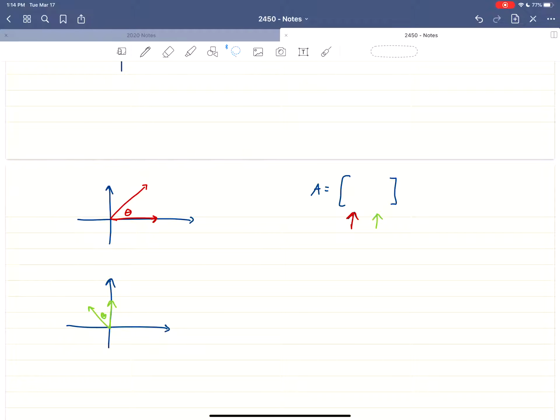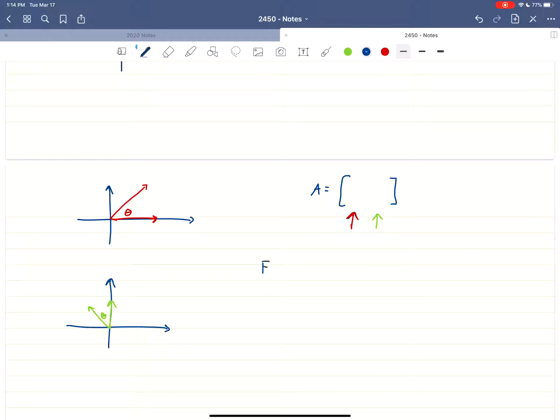But once we know that, I'm going to get rid of the circle because that kind of clouds the picture here. What I want to think about is where the unit vector in the x direction goes. So i-hat, or (1, 0), however you want to say it. Where does that get moved to? What's the image of (1, 0)?